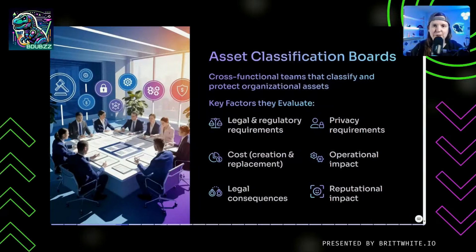Protecting the personal information of other people is a huge responsibility. They evaluate the costs, both what it took to create or acquire the asset and what it would cost to replace it. They assess the operational impact. In other words, what would happen to our business if we lost this asset? Then they consider potential legal consequences.